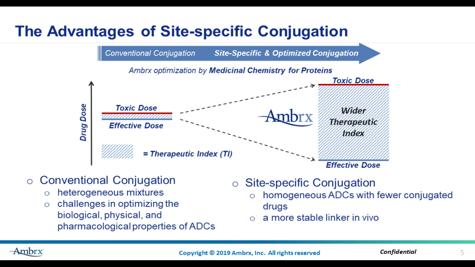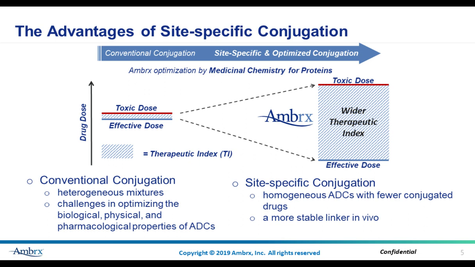The key of the EuCODE technology is site-specific conjugation. Let me still use ADC as an example to show the advantages of site-specific conjugation over conventional conjugation. The conventional conjugation technologies lead to heterogeneous mixtures, which present challenges in optimizing the biological, physical, and pharmaceutical properties of ADCs.